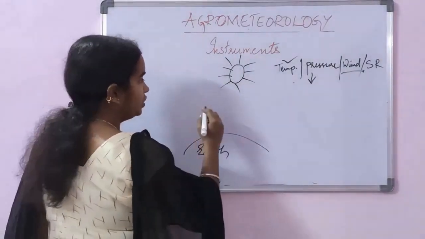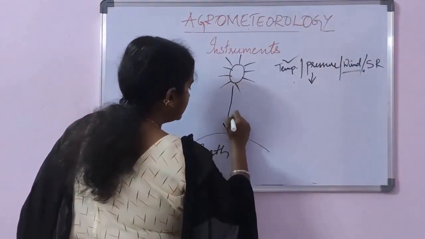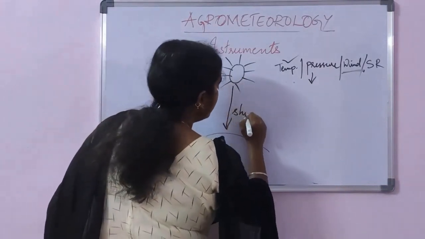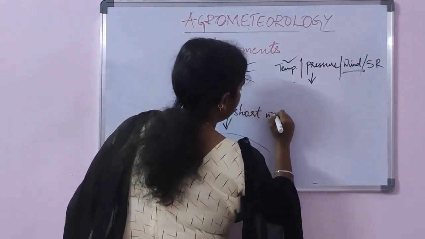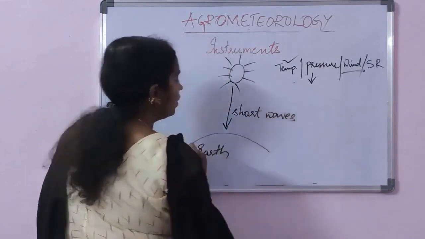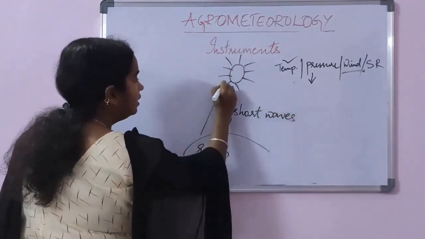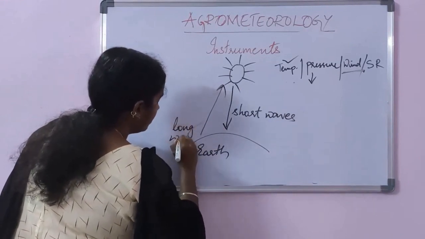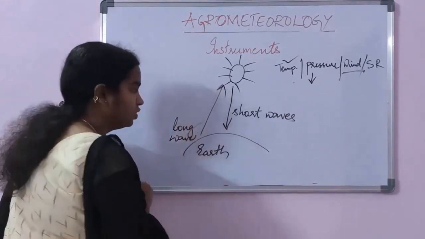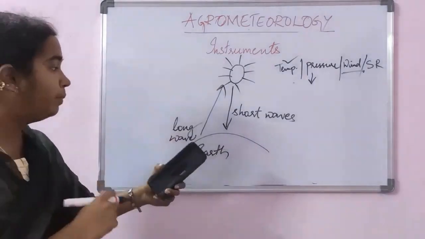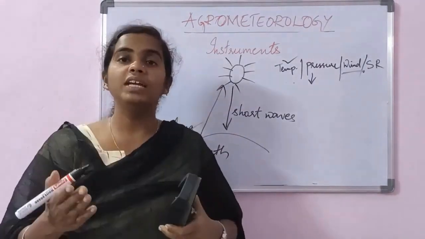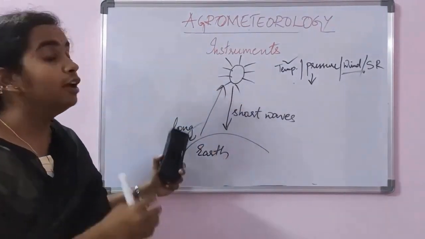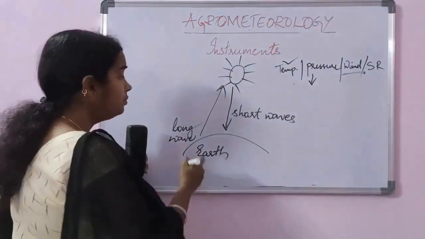In solar radiation, the sun emits short wave radiation, and the earth emits long wave radiation. So, for measurement of short wave radiation and long wave radiation, we have different instruments.